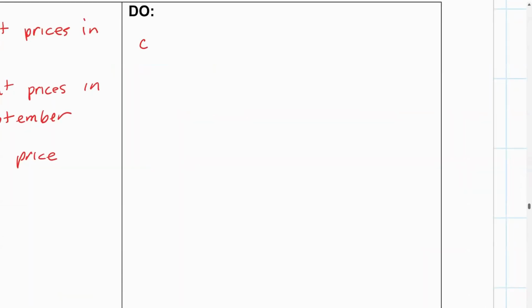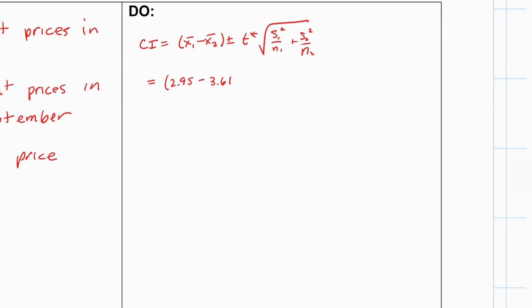On the do step, remember that our formula is x bar 1 minus x bar 2 plus or minus t star times the square root of s1 squared over n1 plus s2 squared over n2. And in this case, we've got $2.95 minus $3.61 plus or minus. Now the T star value, if we're going with the most conservative degrees of freedom, we're going to have 45 minus 1 or 44 degrees of freedom.